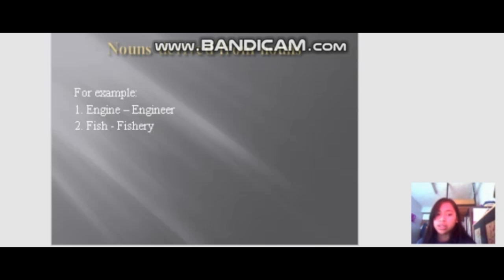Another example: fish and fishery. Fish is a noun, and fishery is derived from a noun. We can see that from the name of an animal it becomes a place to get fish.